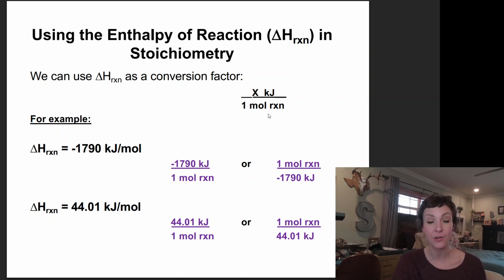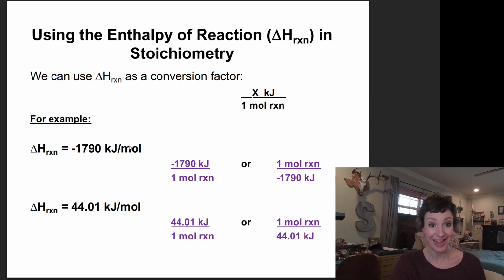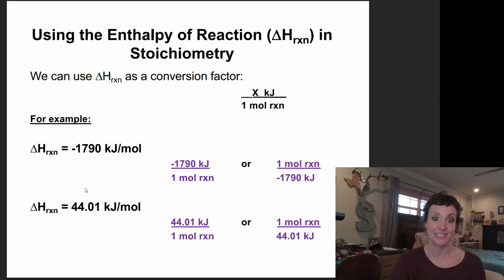Whatever that numerical value for the delta H is, that tells me however many kilojoules are in every 1 mole of the reaction, okay? So for that first example on the previous slide where I had the negative 1,790 kilojoules per mole, I can put that into some stoichiometry and say that's negative 1,790 kilojoules per every 1 mole of the reaction. Or I can flip it. Same thing with the other examples, conversion factors.